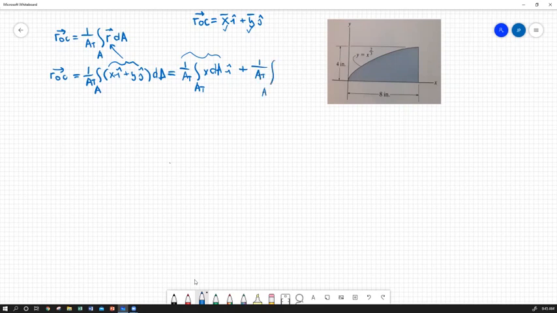Divide by the total area, then I integrate over the total area of y dA, and I move that much in the j hat. Oh, and if this were 3D, we could just repeat that with z.